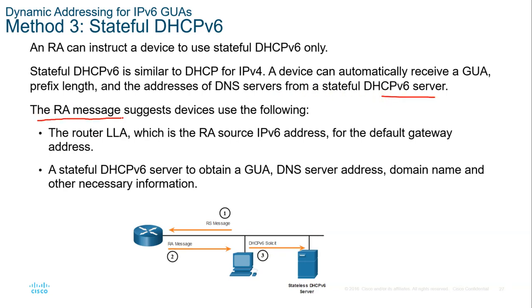So the router advertisement message suggests a device use the following: the router link-local address, which is the router advertisement source IP address, for the default gateway, and then a stateful DHCP server to obtain the global unicast address, DNS server address, domain name, and other necessary information. So all that information will be picked from stateful. It was supposed to say stateful, because that was a mistake. Stateful, not stateless. It has to be stateful.